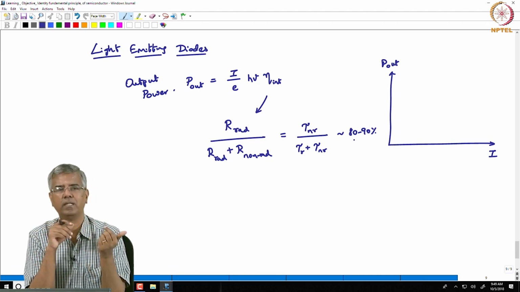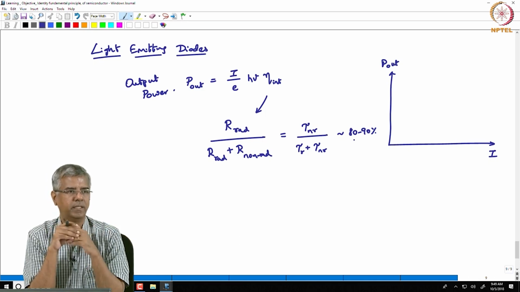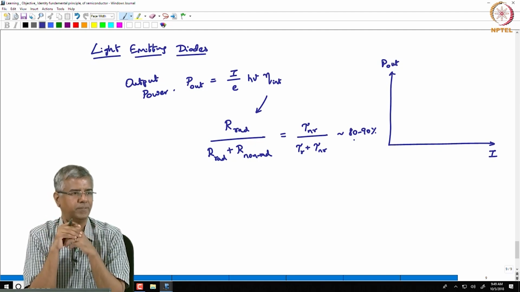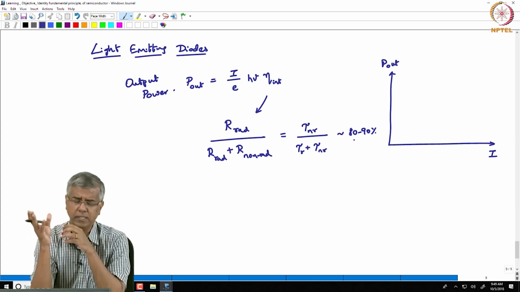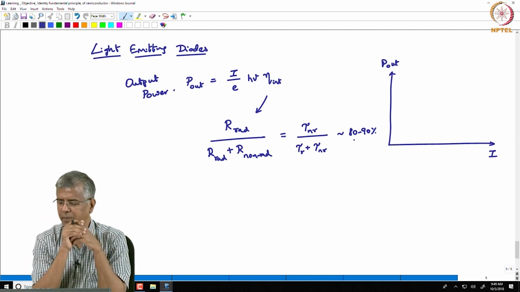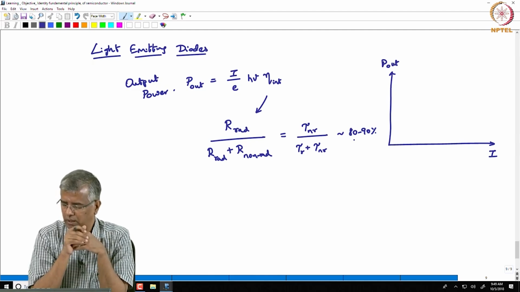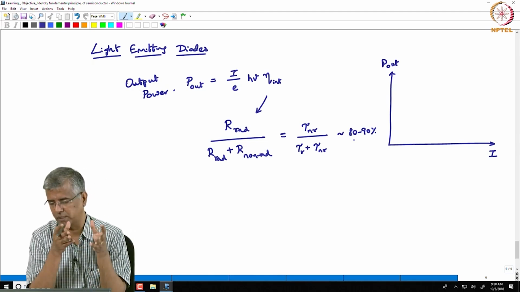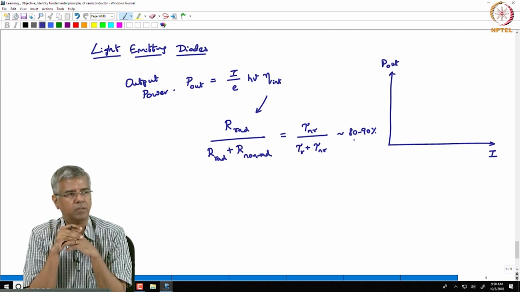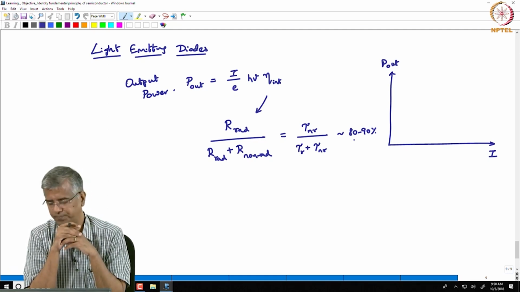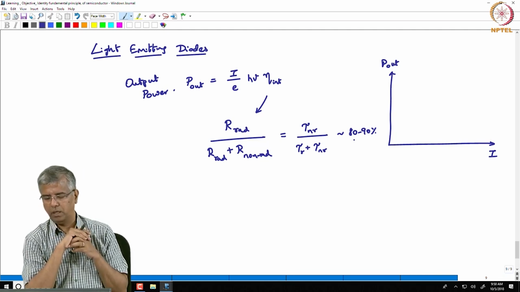In fact, a few years ago the Nobel Prize was given to the person that invented this gallium nitride material for light emission. So these are typically gallium nitride based LEDs, which is once again a direct band gap semiconductor, and because of which the radiative efficiencies are much higher.